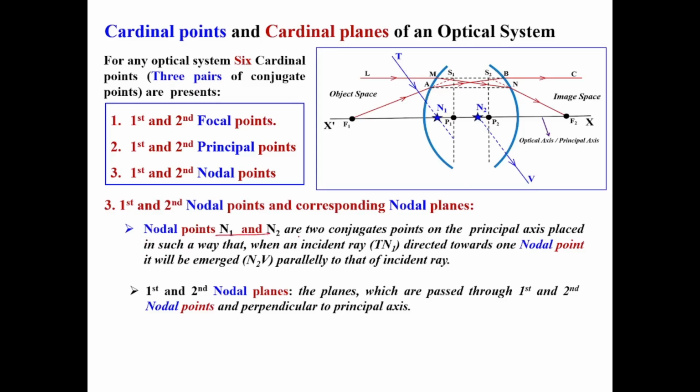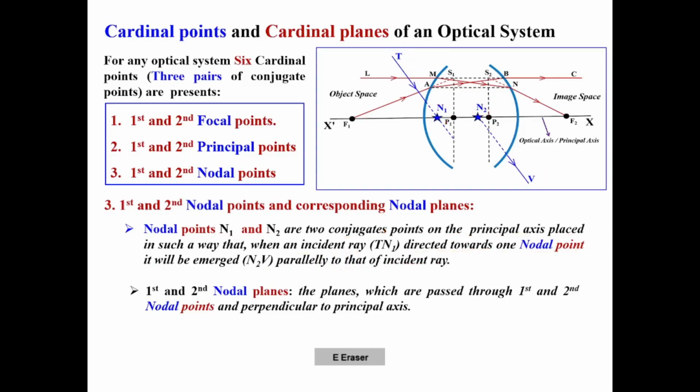N1 and N2 are two conjugate points on the principal axis, placed in such a way that when the incident ray TN1 is directed towards one nodal point, it will emerge from N2 parallel to the incident ray.